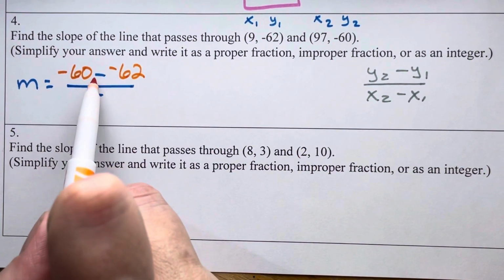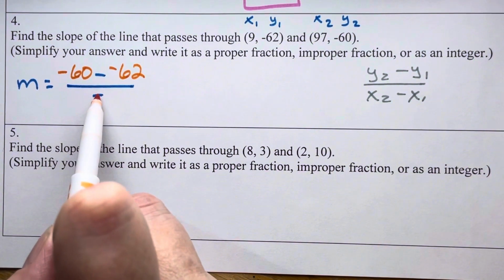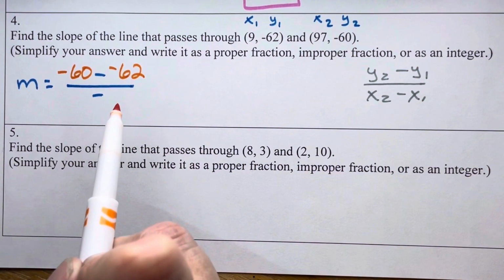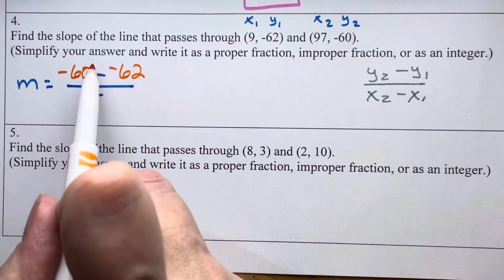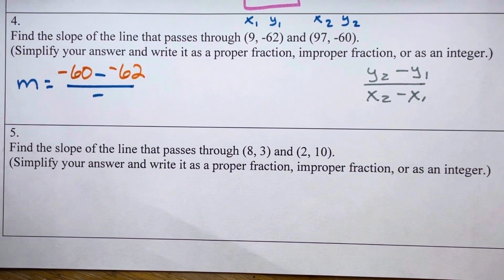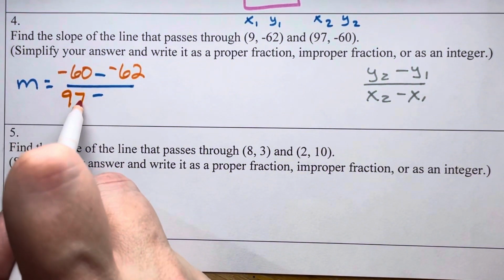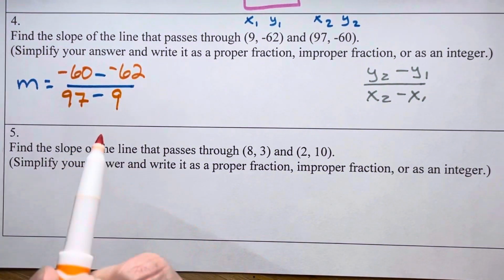This is why it is helpful to put your minuses in position with your fraction even before you put in the number values, because you don't know if there's going to be minuses that appear in the working process, and we don't want to get thrown off. x2 minus x1, so 97 minus 9.